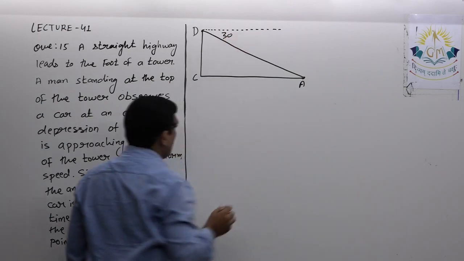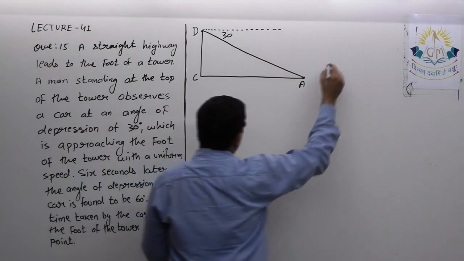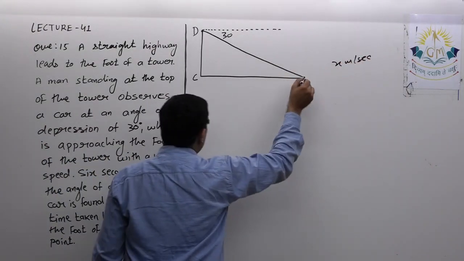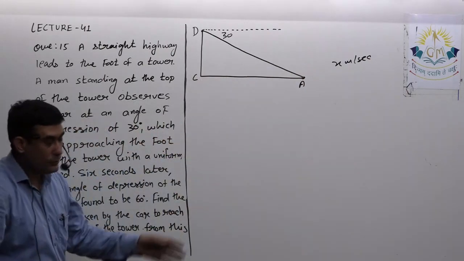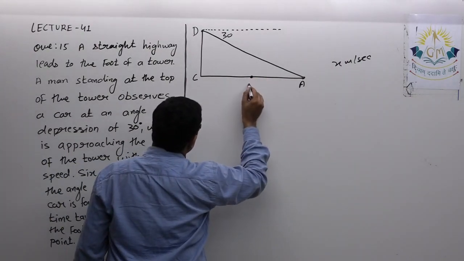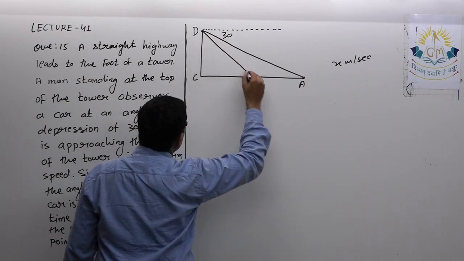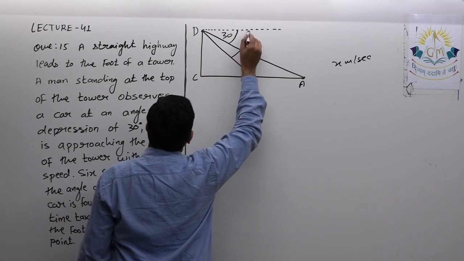As the car has a uniform speed of, let it be x meter per second, and it is moving toward the foot of the tower, that means it is approaching the tower. So let after 6 seconds the car reach point B, and at that time when it was observed, the angle of depression was found to be 60 degree.